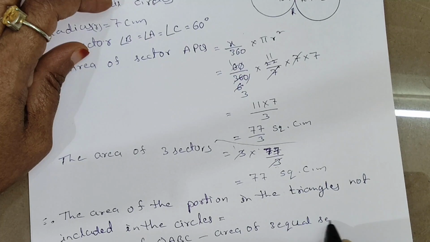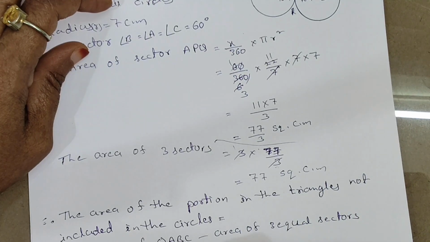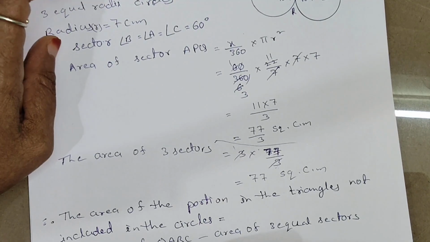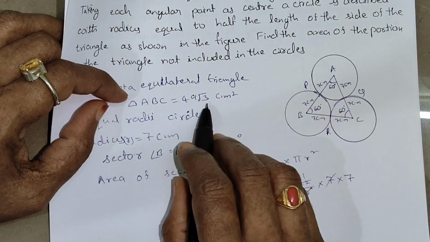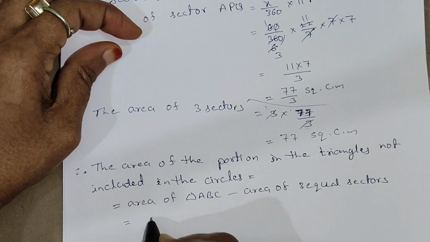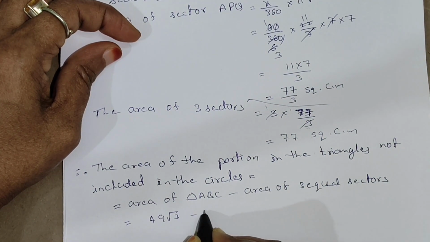Here area of ABC, already we know, this one is 49 root 3 given in the question. So now here we write 49 root 3 minus 77.